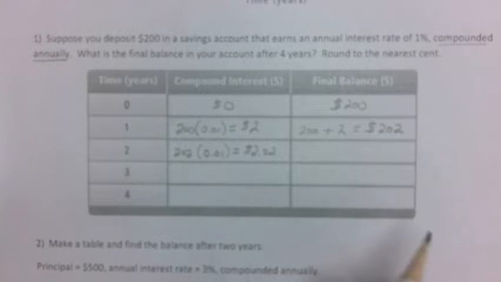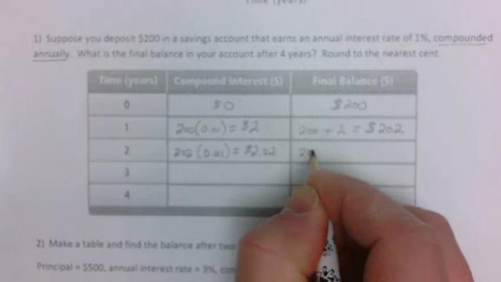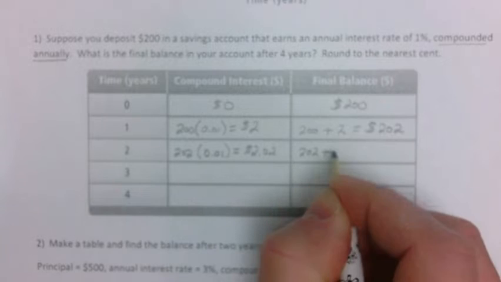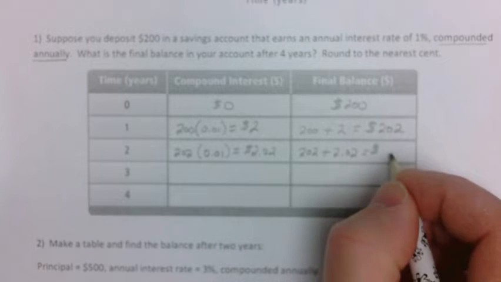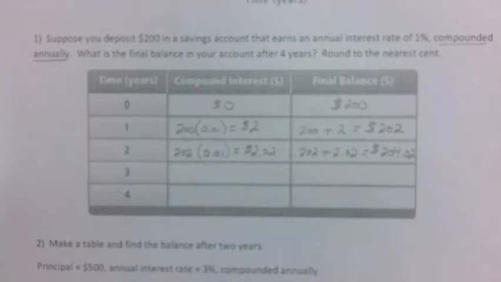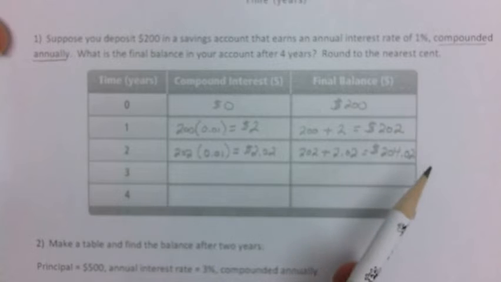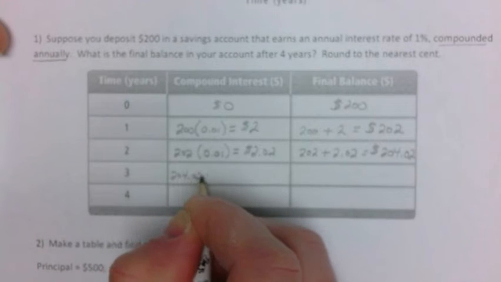And now to get our balance after the second year, we take year 1's balance, which was 202, add in the interest that we've earned, $2.02. And so the balance for year 2 is $204.02.